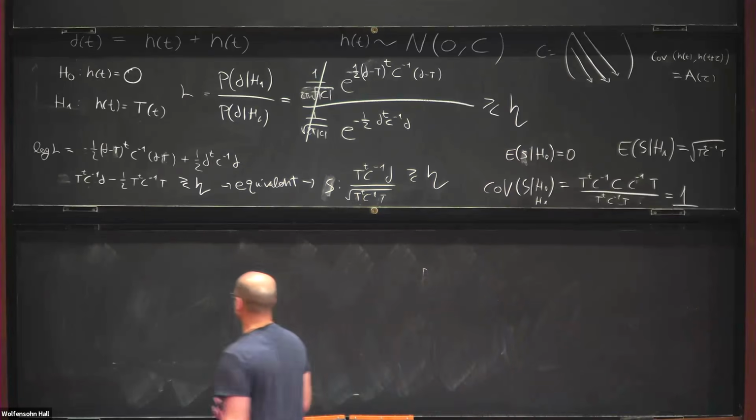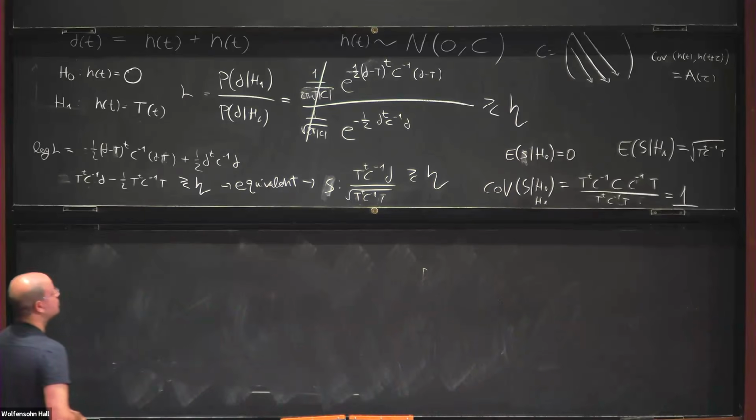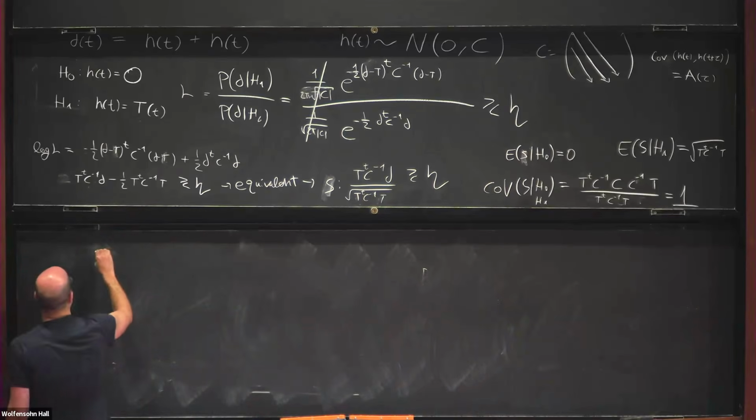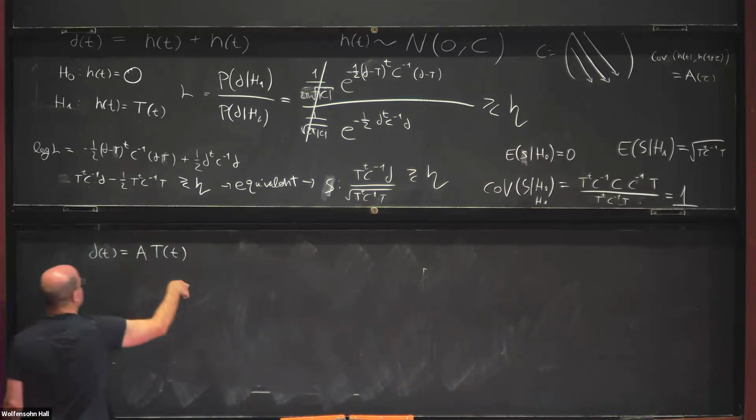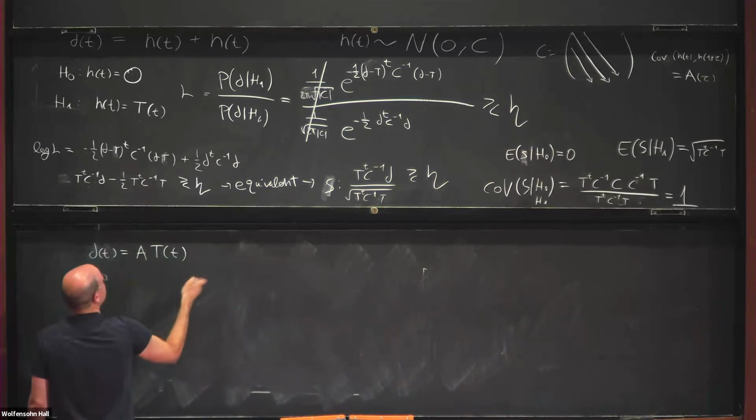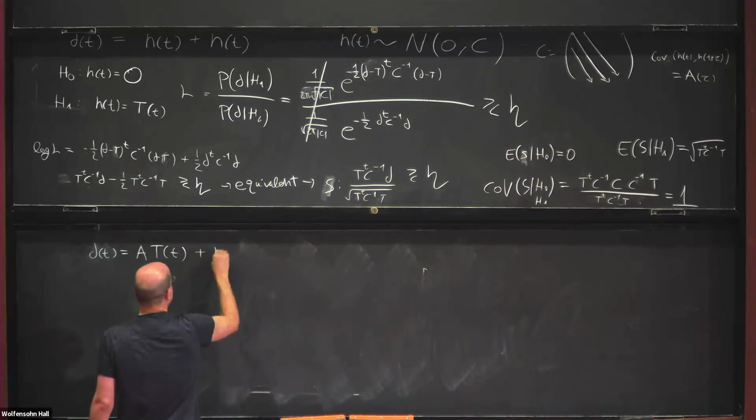First of all, there is an amplitude, and this amplitude you can completely ignore. So if I have a model in which d of t is equal to a times T of t, we'll ditch this h notation, a times T plus some n.